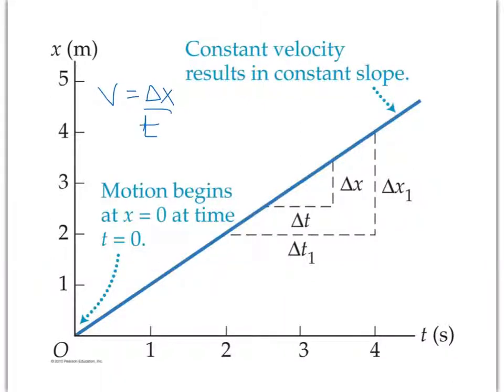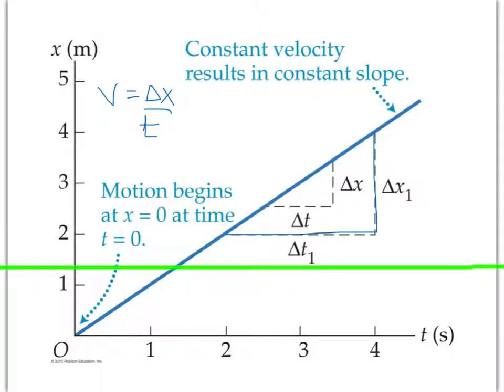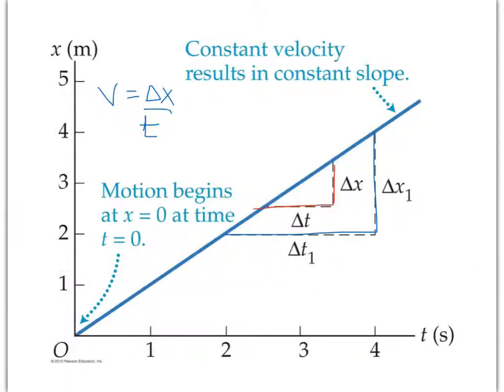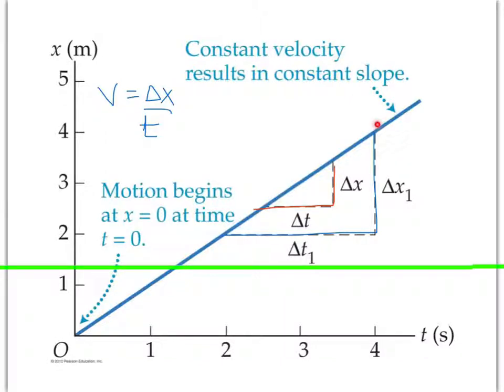All these displacements, this displacement over that time, and let's do a different color, this displacement over this time, those proportions, the changes in displacement over corresponding changes in time, give us the exact same slope, which means it's the same velocity all along this line. So if you have a constant slope, that means you have a constant velocity. A constant velocity results in a constant slope.